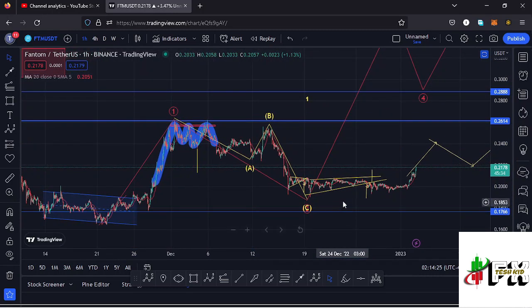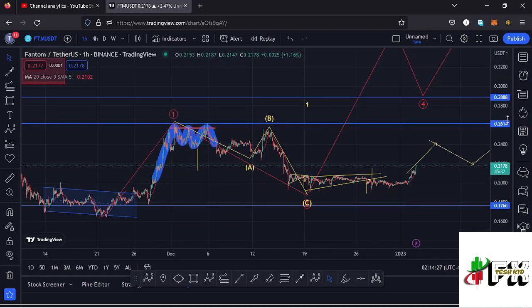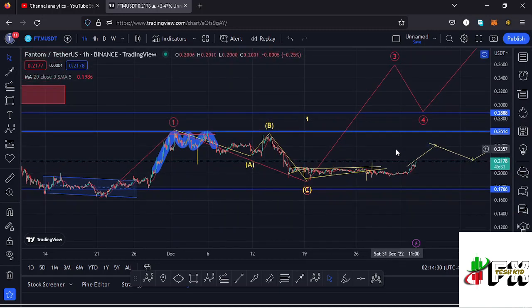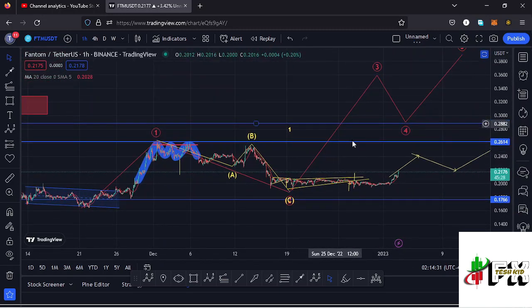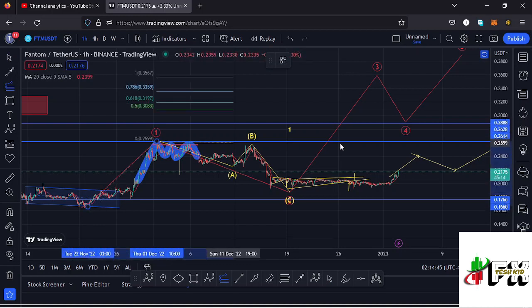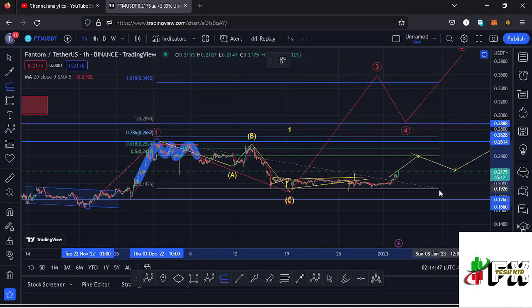And right now, my primary scenario here on the 1 hour chart is that very soon we might see the start of this impulsive movement to the upside in the formation of this wave 3 to the upside, and first sketching out a minimum target area to the upside in the formation of this wave 3 using a trend based Fibonacci, connecting it from the low of the first wave to the high of that wave 1, then dragging the fibs to the low of the second wave.